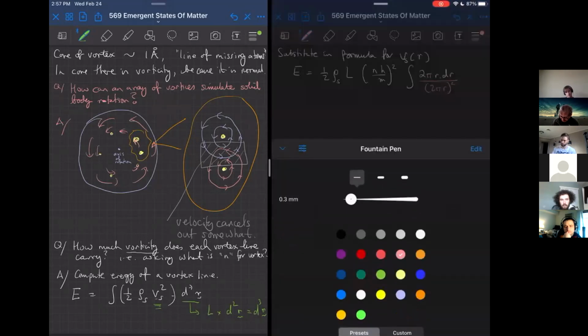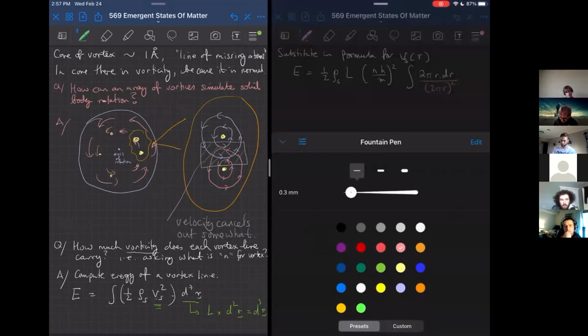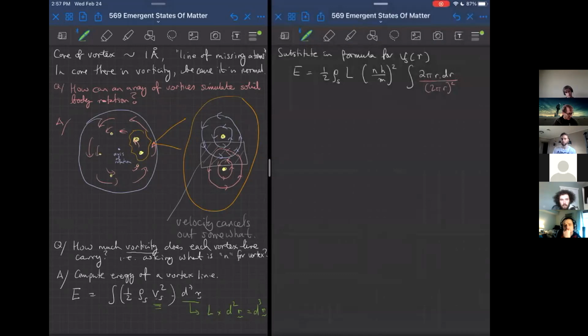What are the limits going to be? Clearly the outer limit is going to be the radius of the bucket, which we've called R.